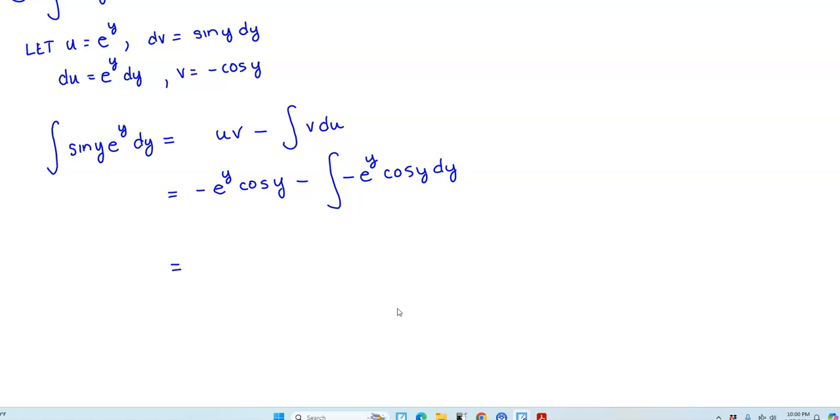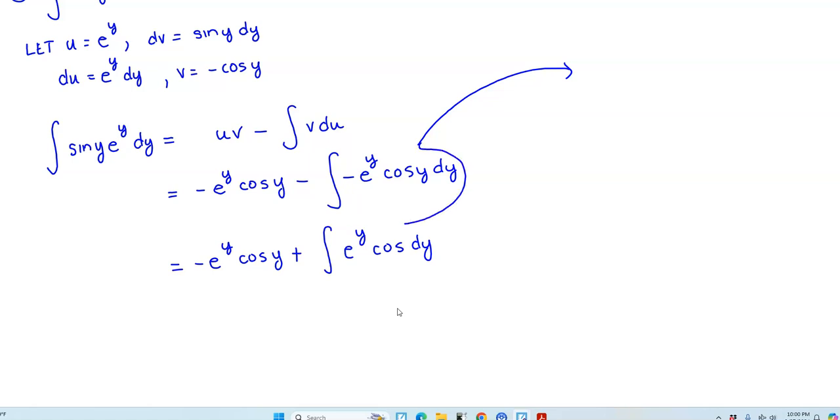Okay, so now we have negative e to the y cosine of y minus, now we're going to integrate this by parts again. So this is going to be plus the integral of e to the y cosine of y dy. So we're going to integrate that by parts.